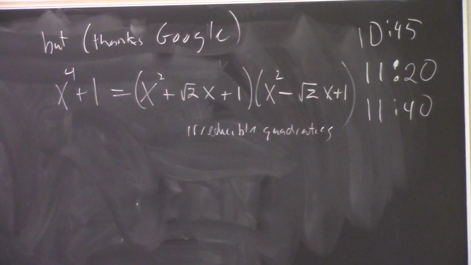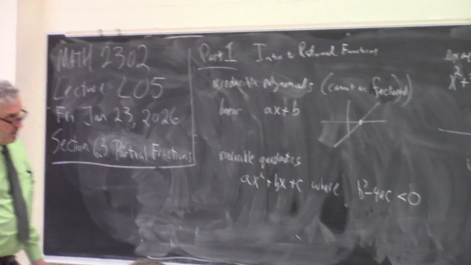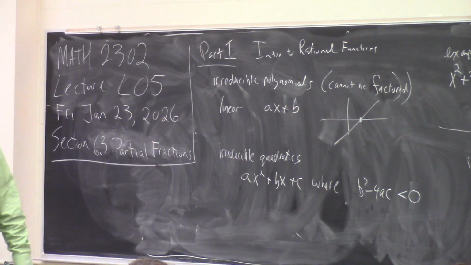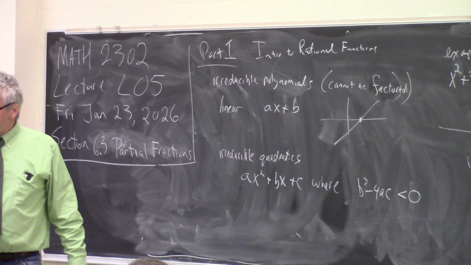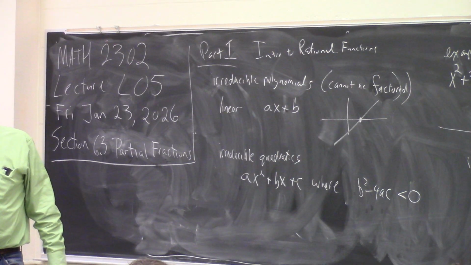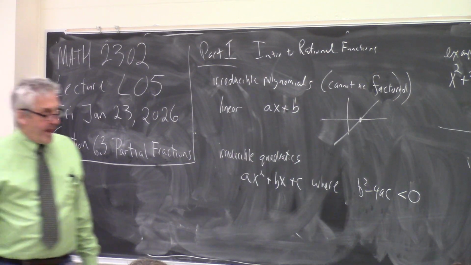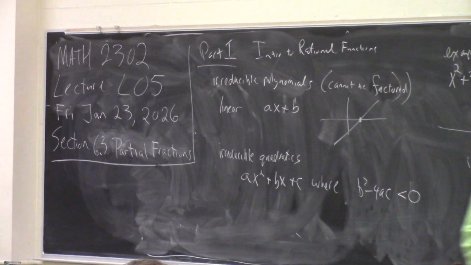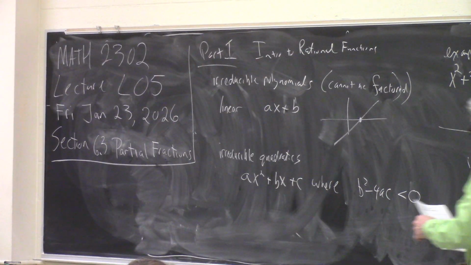So a big theorem, Gabriel probably knows the name of this theorem, but I don't, is that any polynomial can be factored into linear factors and irreducible quadratics. This can't be factored into any linear factors, but it can be factored. Its most basic building blocks are irreducible quadratics.